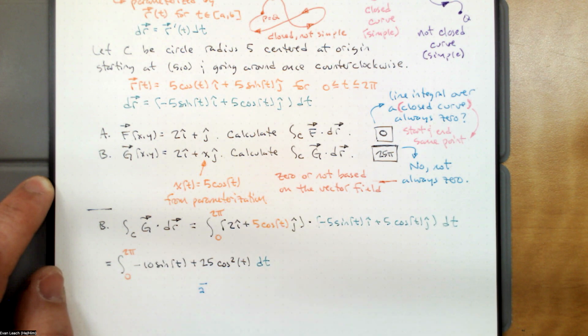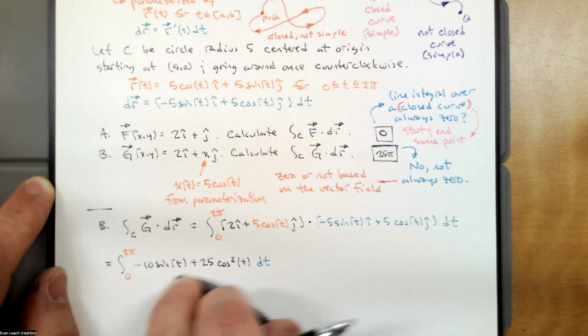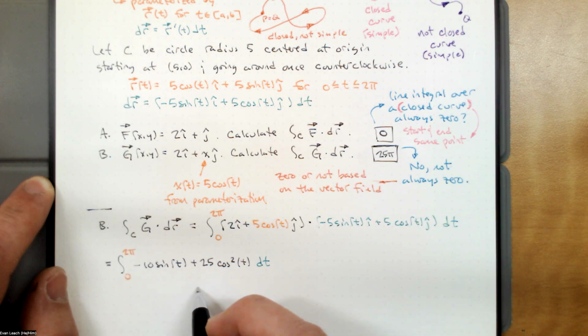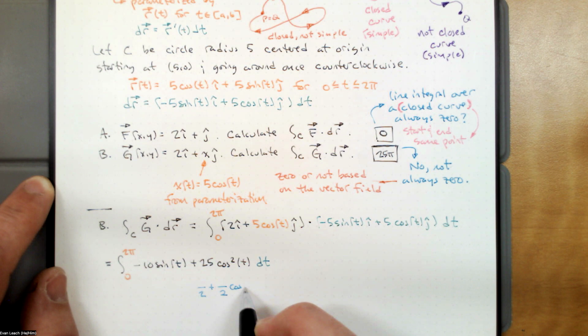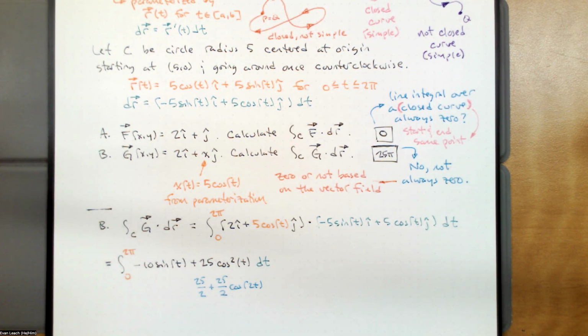I'm going to write this as a half plus a half cosine of 2t. And then I'll multiply by 25. And it's plus, so I can just keep that. So I'm just going to integrate those two terms.